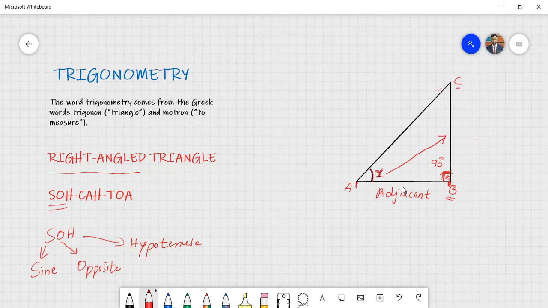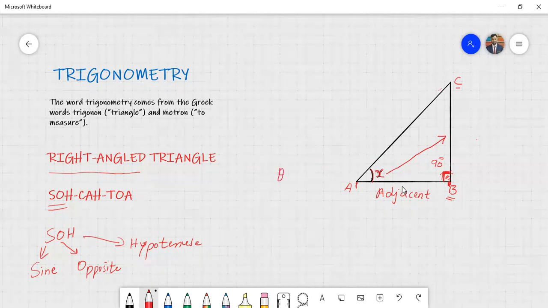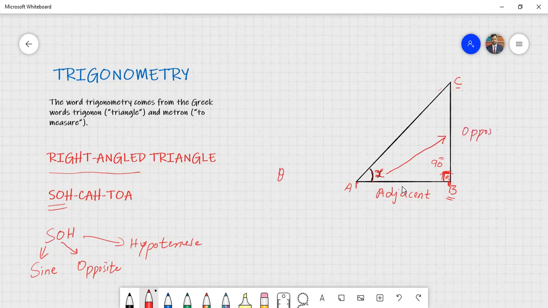I wrote the letter x here. So the side opposite of angle x is known as opposite. Got it? Very easy.